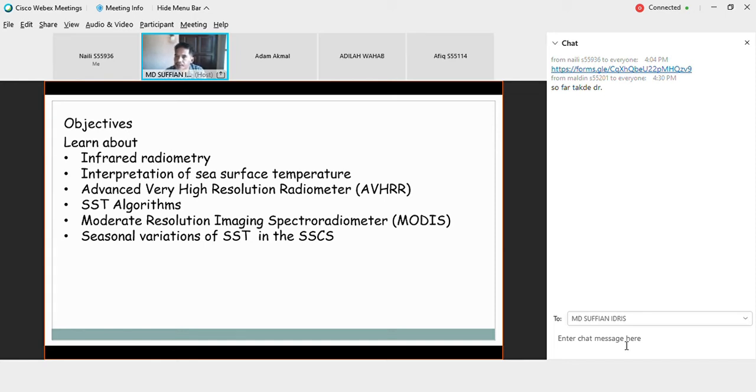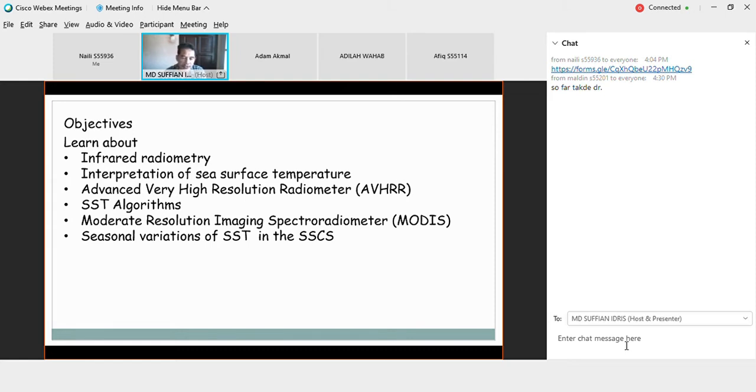Okay, bila kita sebut infrared, meaning any radiation in infrared wavelength emitted by black body lah ataupun an object on the ground. And then interpretation of sea surface temperature.